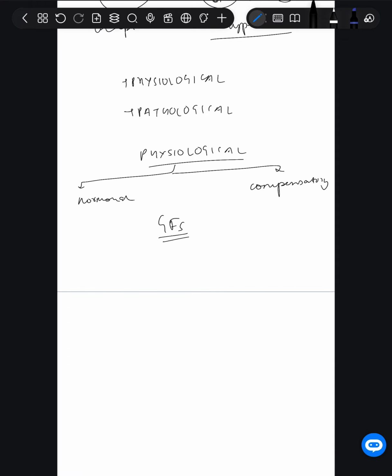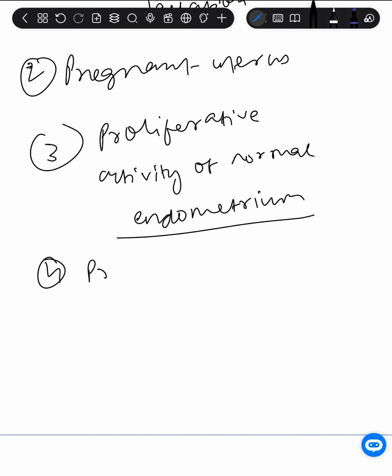The third example is also very common: the proliferative activity of the normal endometrium of the uterus. We shed it every month, right? Sorry, I said endothelium, I mean endometrium. Fourth is prostatic hyperplasia, which occurs in old age.